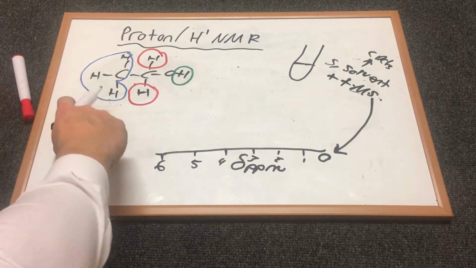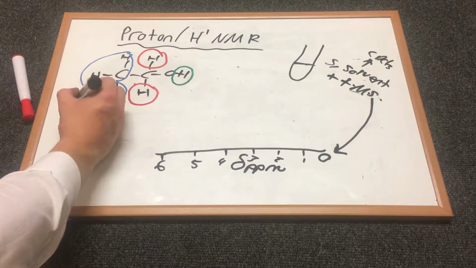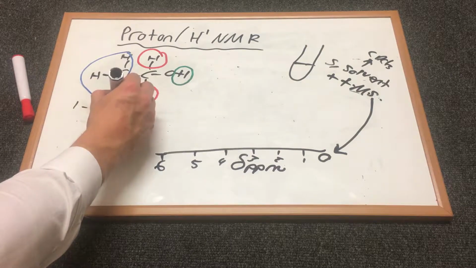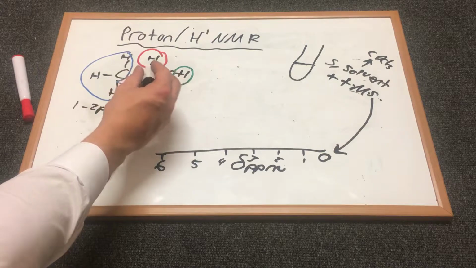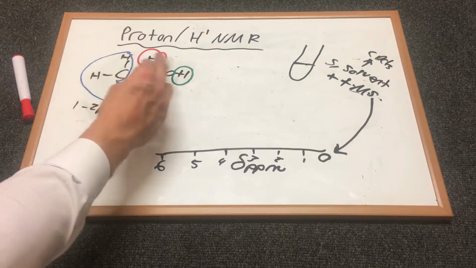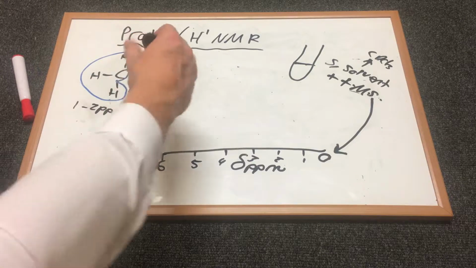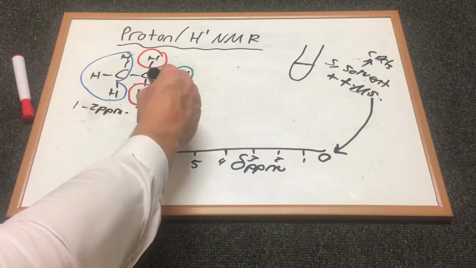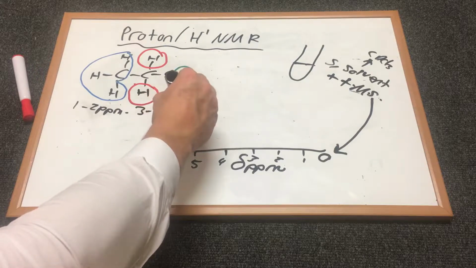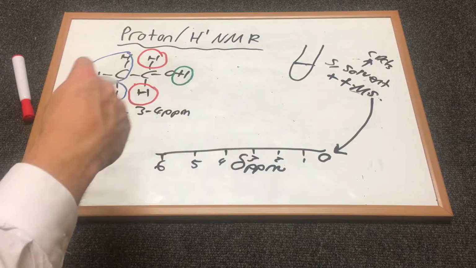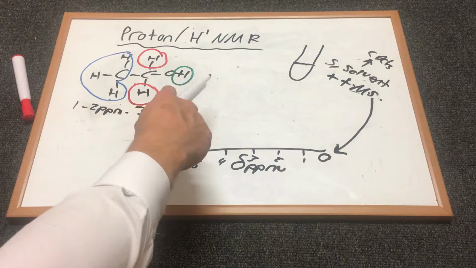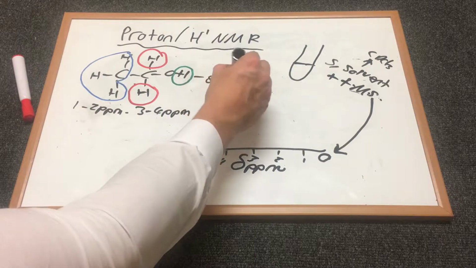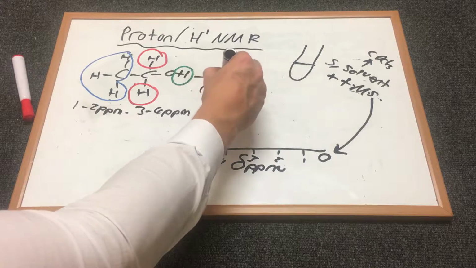The CH3 group gives a chemical shift value of 1 to 2 parts per million. And the CH2 group comes up with a value of about 3 to 4 ppm. And the OH group is a very broad range of about 1 to 6 ppm.